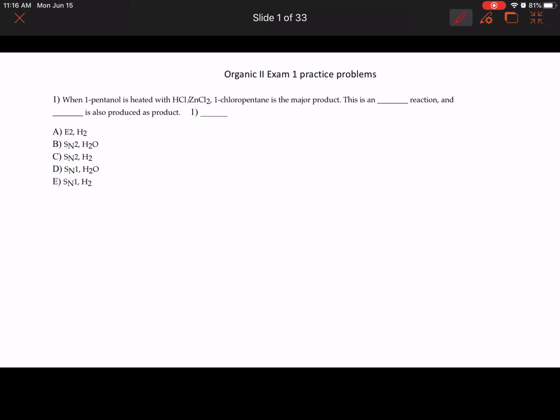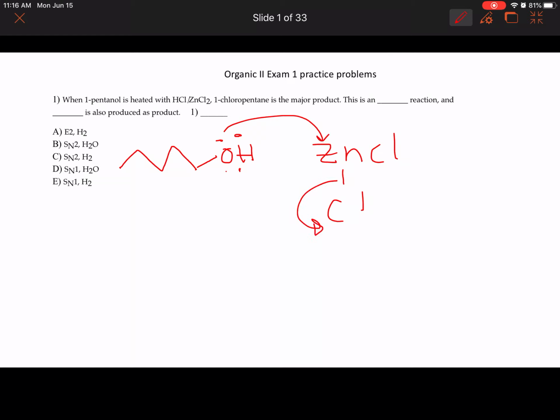So in your pentanol, carbons 1, 2, 3, 4, 5, the alcohol in the presence of zinc chloride, ZnCl2, this oxygen attacks the zinc and the chloride leaves, so this will become OH, zinc chloride, and then oxygen will become positively charged.